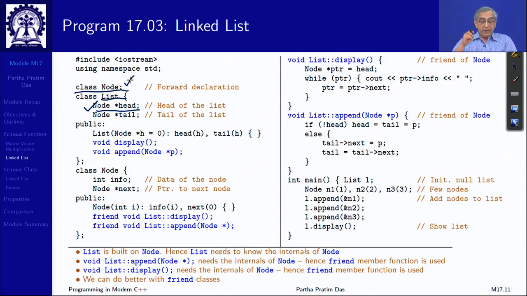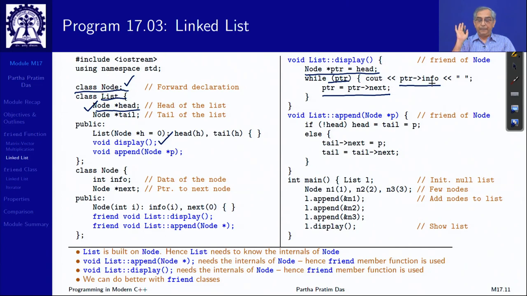Now, the question is, suppose I have to write the display function on the list, that is, go over this list of nodes and display the values. The display function will start with the node header, keep on traversing by doing pointer next, pointer next, pointer next, and print the pointer data till you come to the last grounded pointer.